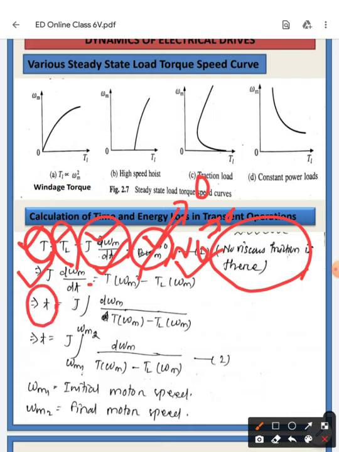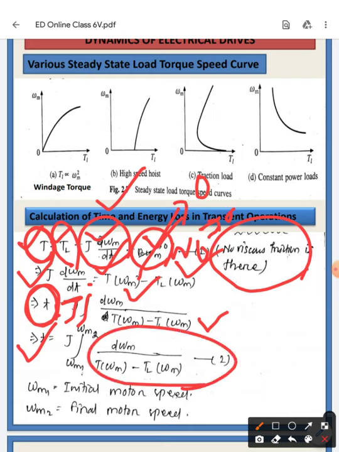As we are calculating the time here, t is equal to J into the integration of d omega m divided by T(omega m) minus TL(omega m). Now the small t is equal to J into the same equation, but here we need to add the limits.